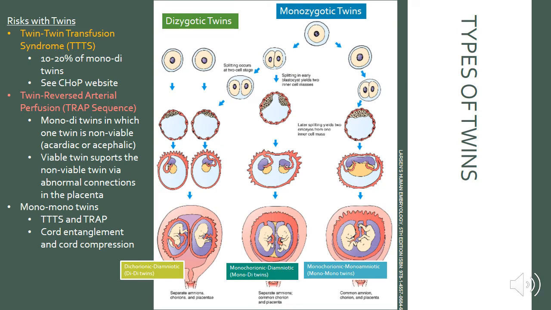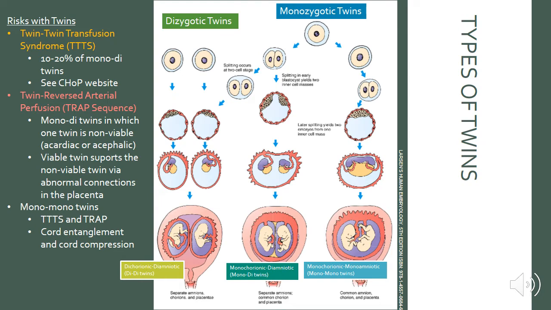So these are monochorionic diamniotic twins or mono-di twins. And then the last case, the splitting happens even later, and you end up with 2 babies with 1 placenta in the same sac, or monochorionic monoamniotic twins, which are very, very high risk.